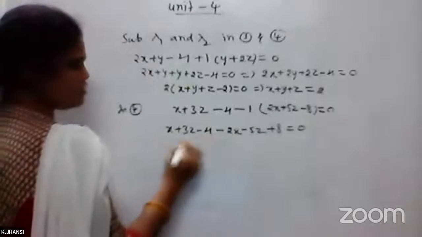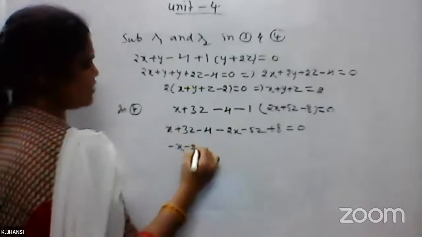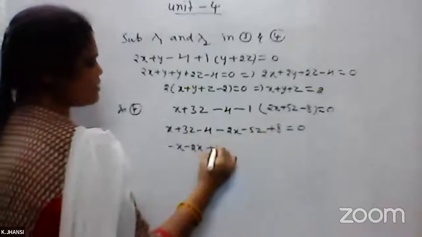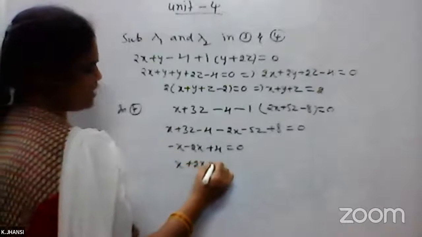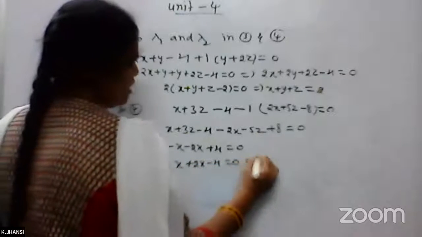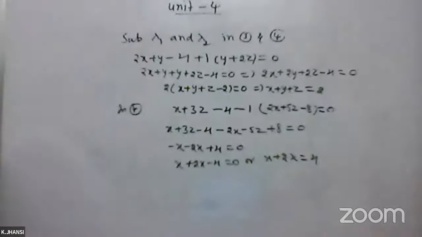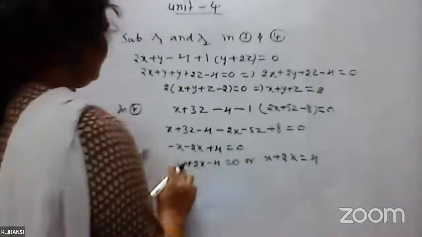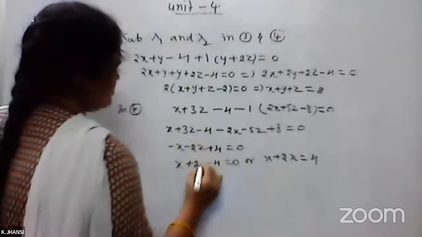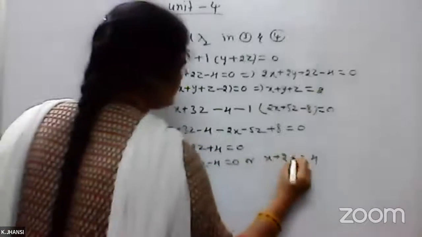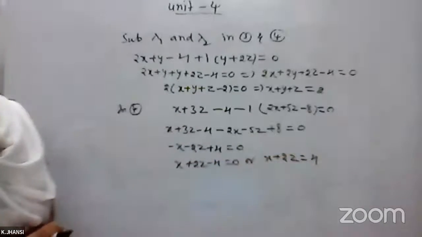So x minus 2x means minus x, y is not there, 3z minus 5z means minus 2z, and minus 4 plus 8 means plus 4 equals 0. If we take minus common, x plus 2z minus 4 equals 0, or x plus 2z equals 4.